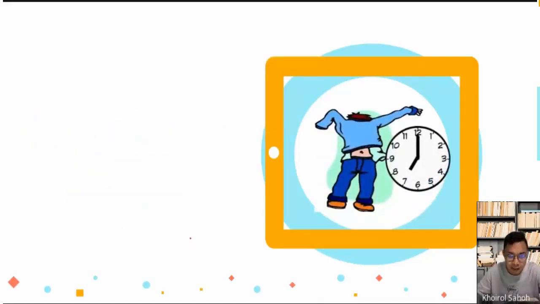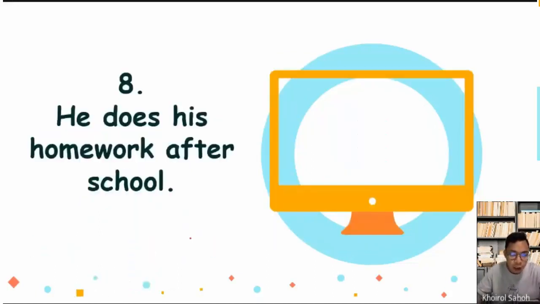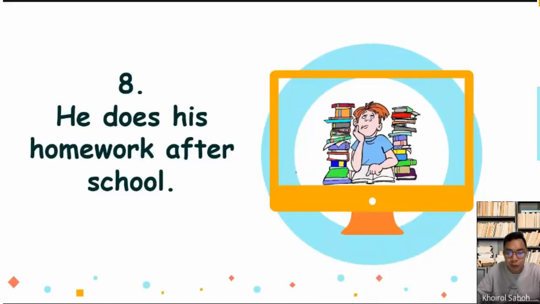What about this? Get dressed or put on. I get dressed, you know, at 7 o'clock in the morning before I go to work. This is my timetable for every day. Number 8, he does his homework after school.